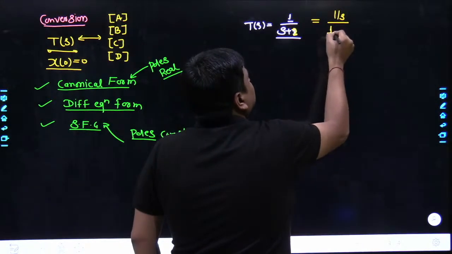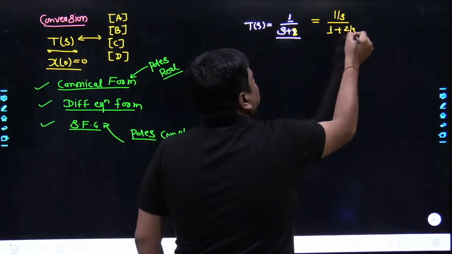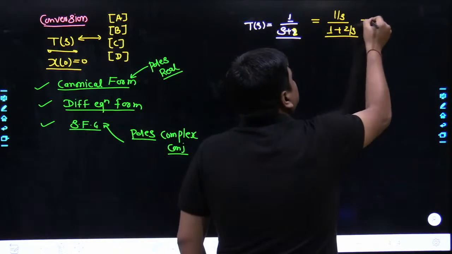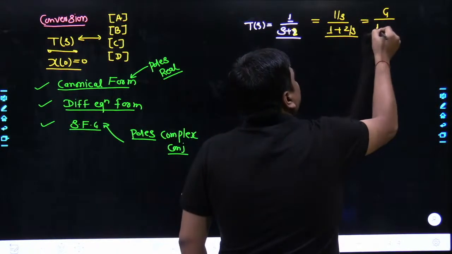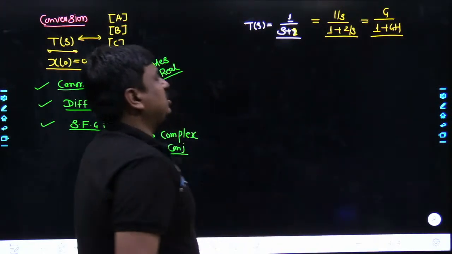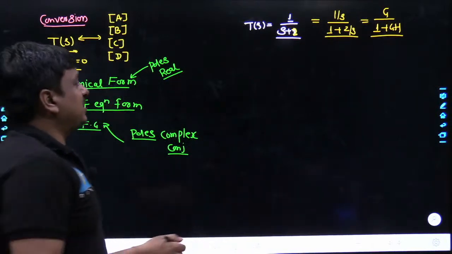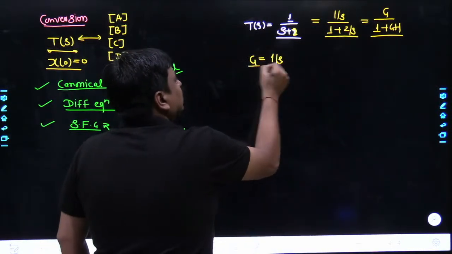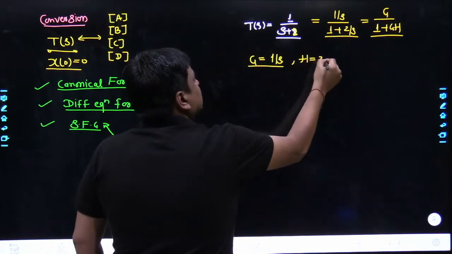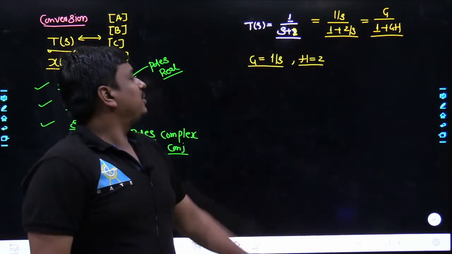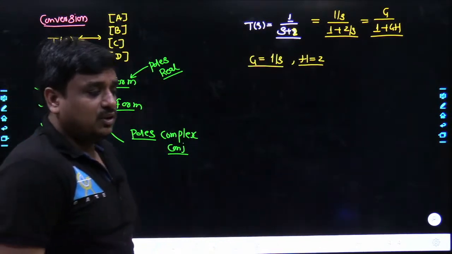So here it becomes 1 plus 2 divided by S. And once you compare this given transfer function with the standard form of the negative feedback, definitely you'll get to know that G as well as H is known to me. G is nothing but 1 upon S, and similarly H is nothing but 2. The feedback element is 2, and the feed forward element is 1 upon S.